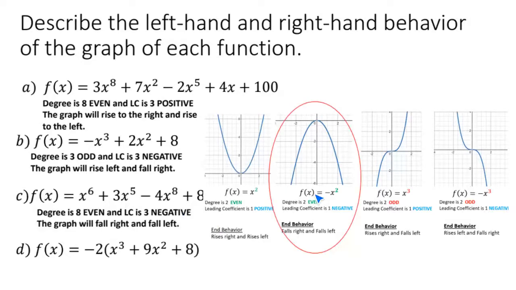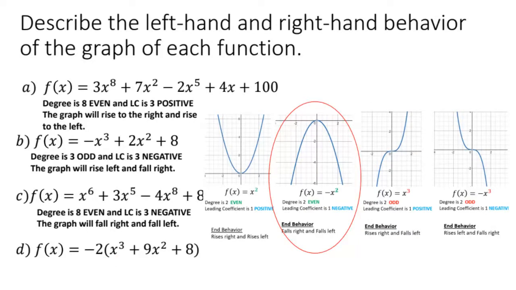All right, let's look at the last one, D. On D, the degree of this polynomial is a 3, right? But be careful, they had factored out a -2 from the three terms inside. So technically, if I give that -2 back, the leading coefficient of that x cubed is a -2.